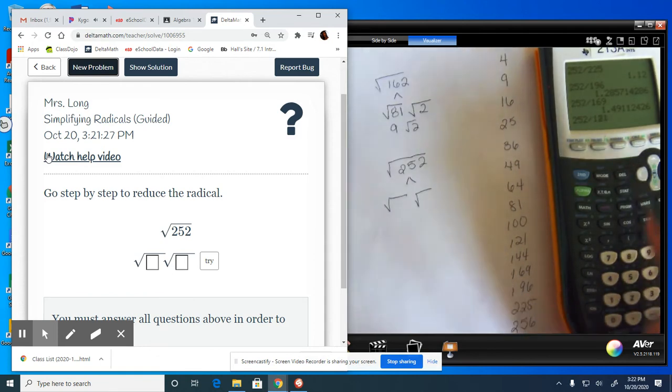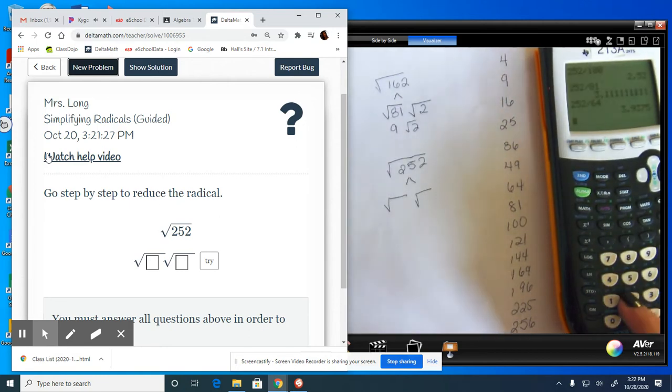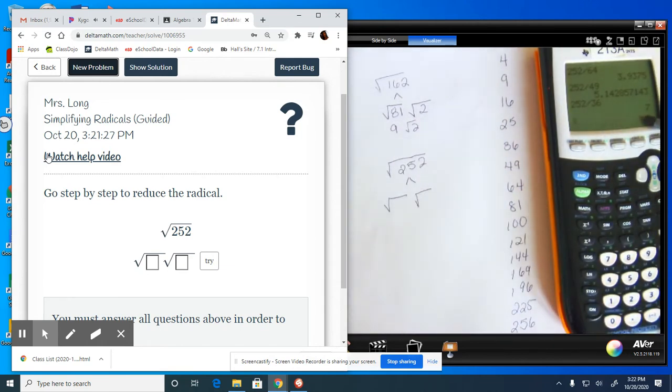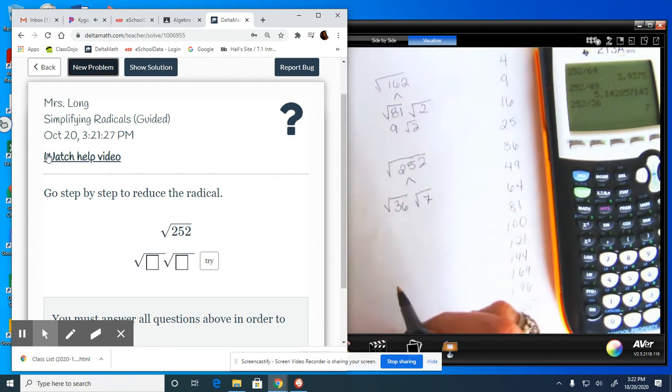Divided by, I missed 144, no good. 252 divided by 121, my favorite number, no good. 252 divided by 100, well, I knew that one wasn't going to work. 252 divided by 81, no good. 252 divided by 64 would be the next one. 252 divided by 49. Man, we're going all the way down this list here. Bam, finally got it. 36 and 7. 36 is the perfect square, so that would go first, and 7.